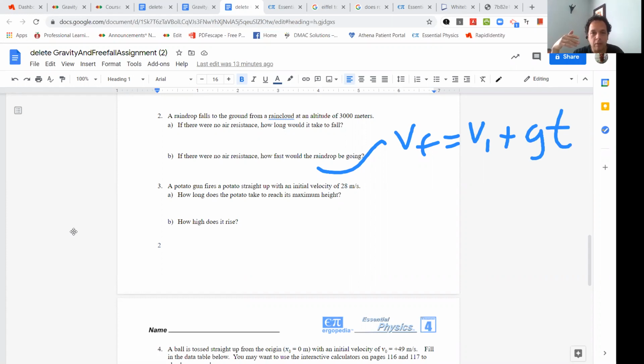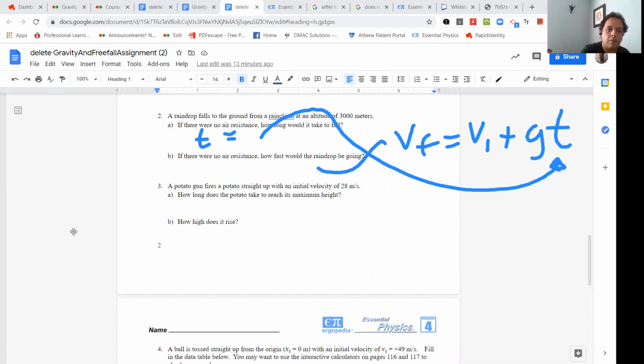So we need to know, we're going to use the time from A, right? We got t equals on that one. So then you're going to plug in that time, whatever you get, into that. Initial velocity is 0. So it's just gravity times time. How long did that raindrop fall? So you're going to use the time from A and plug it in.